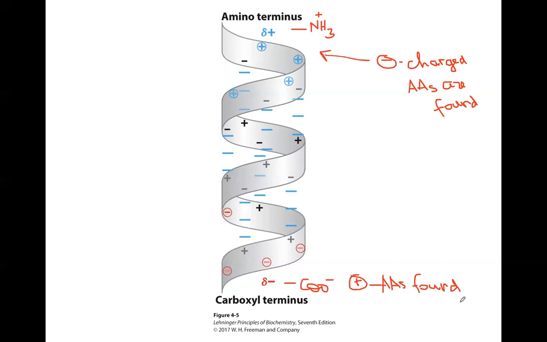Positively charged, negatively charged, hydrophobic, non-hydrophobic. Also this helix dipole, right? So you can look at the carboxyl terminus, and if you see a lot of positively charged amino acids there, negatively charged amino acids at the amino terminus, if you see all these pointers, then you can say, yes, I believe this segment of protein will adopt the alpha helical secondary structure.